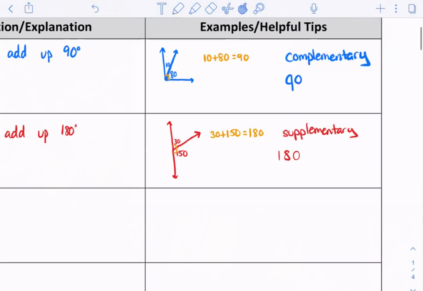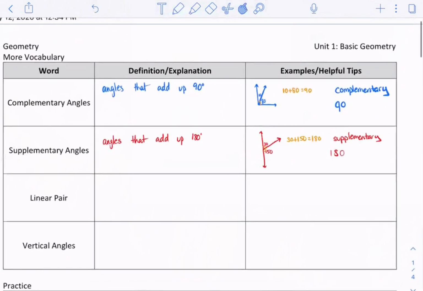So some of you are now remembering and you're like, oh, I remember those kinds of angles. Then you should be able to remember the word linear pair. It's actually the same thing as supplementary because they make a line. When you see this word linear, it's a line. So they're angles that form a line. We call those supplementary as well.